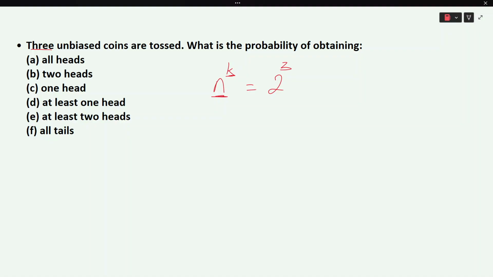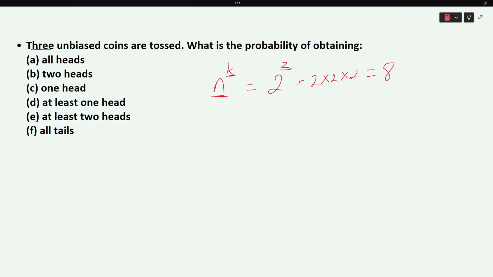And take note that tossing 3 coins at the same time is the same as tossing 1 coin 3 times. Let's bear that in mind. Now you're going to have 2 cubed. The total number of outcomes by tossing 3 unbiased coins is going to be 8.